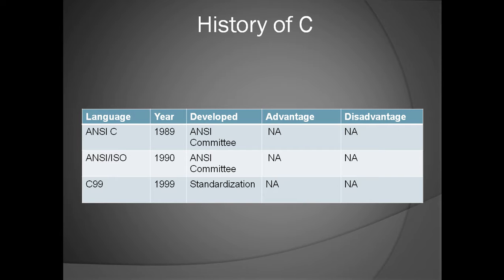The problem is that employees had to learn each and every version of the C language available in the market. If they wanted to shift from one company to another, or start a new career, they needed to learn more than 10 versions of C, because each company had its own standard. That's why these two organizations came into the picture.